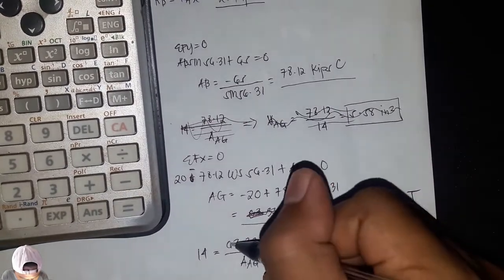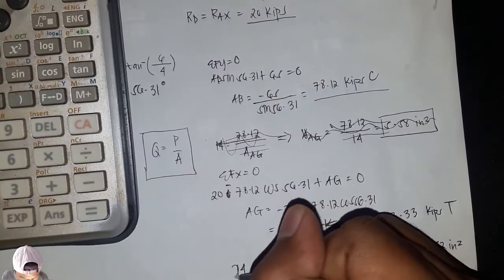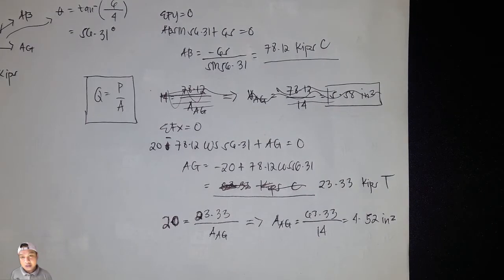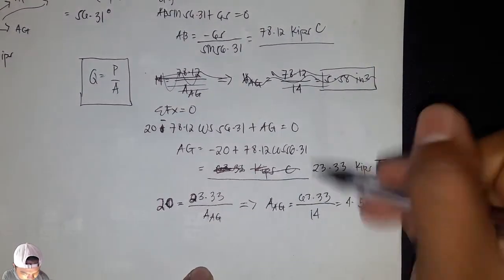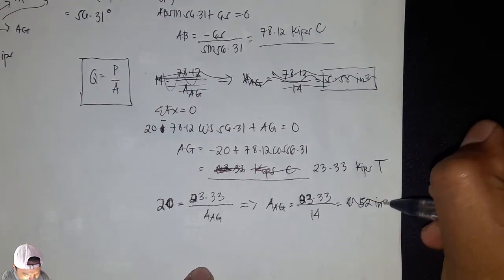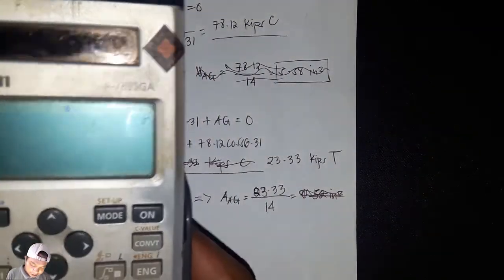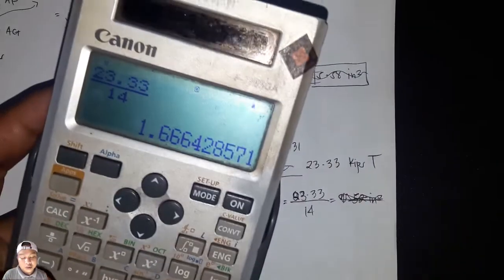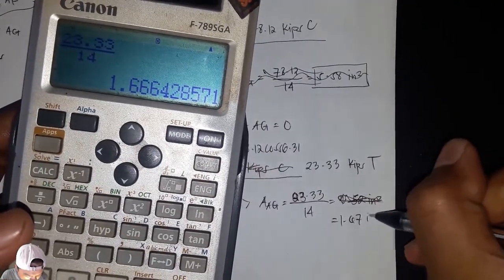So, tension siya, meaning yung Q is 20. So, yun yung condition natin kapag tension is 20 KSI. So, ngayon, ito is 20. And, mali ito, sorry. So, yan yung dapat na 23.33 over 14. And we have 1.67 inch squared.